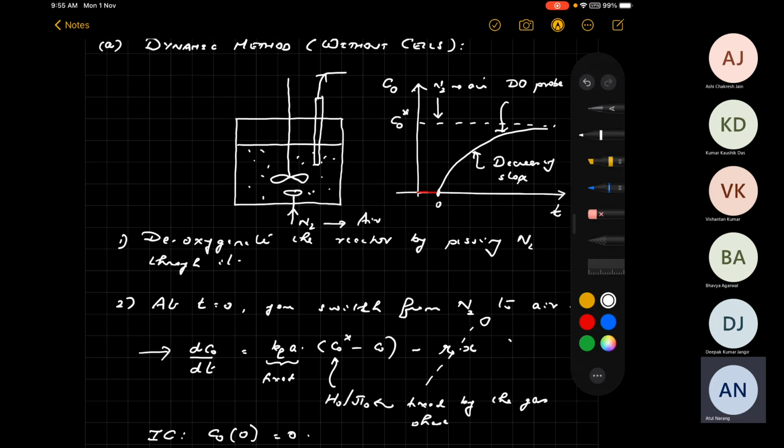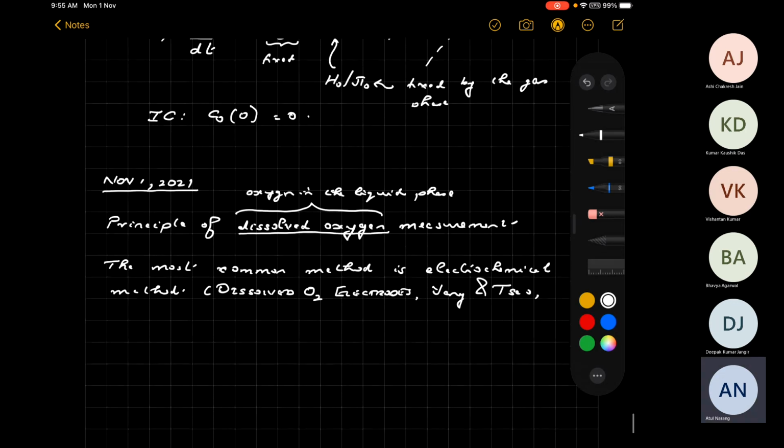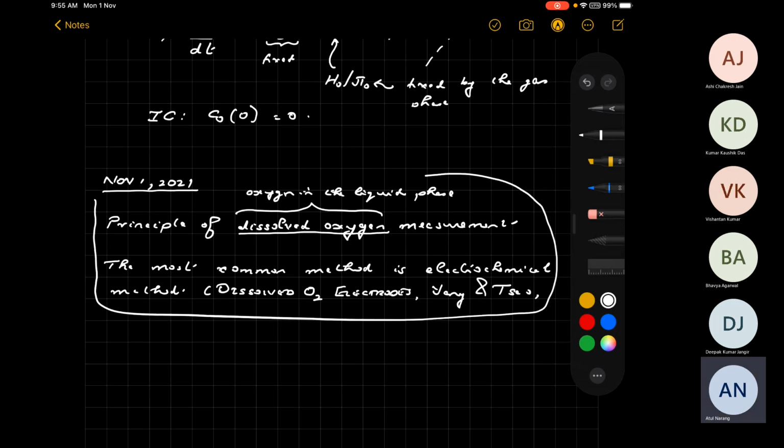So you get real time data that shows you what the dissolved oxygen is at any particular time. This is just a digression that I made to show you how oxygen is measured.